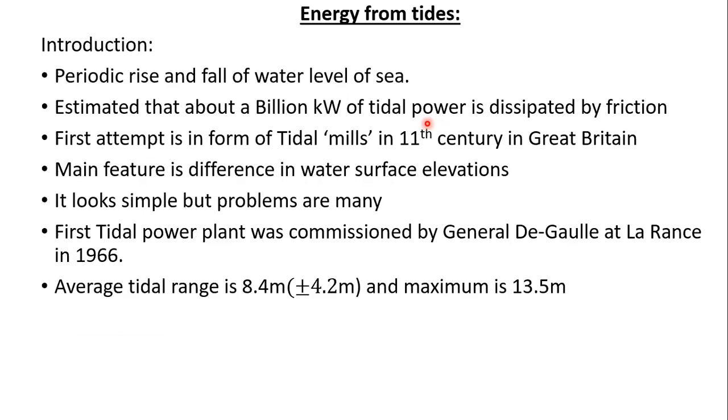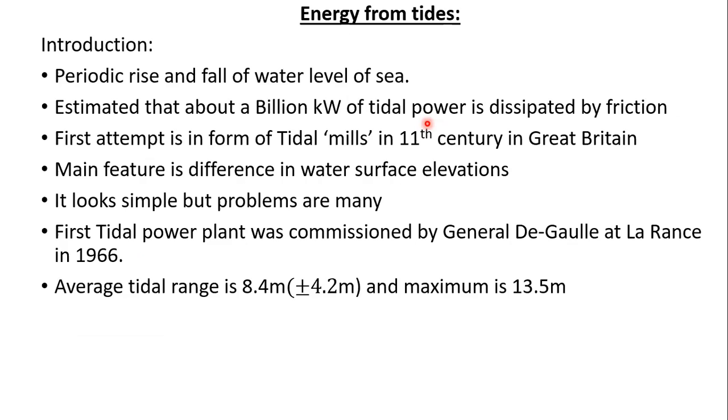So, what does tide mean? It is the rise and fall of the water level of the sea or oceans. As we go near the beaches, we see the tides coming from the oceans to the shore.